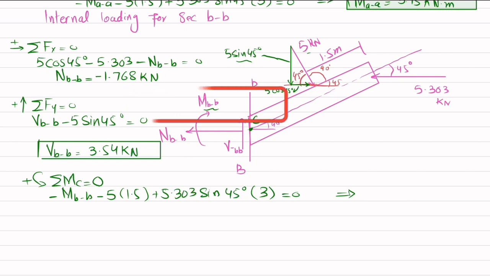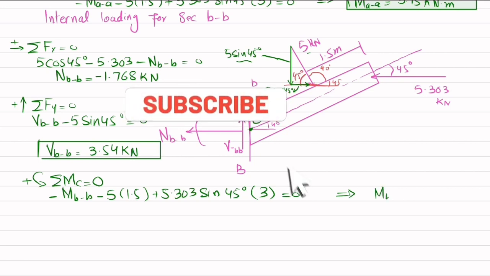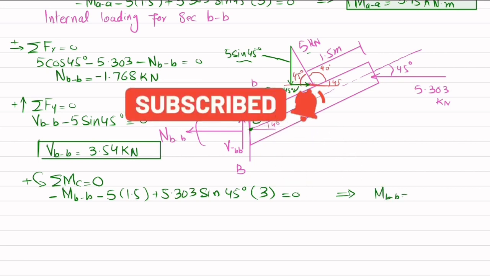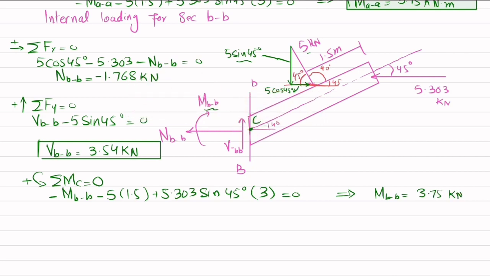When you calculate it, you will get MBB equal to 3.75 kilonewton into meter, which is the moment at section BB. So these NBB, VBB and MBB are the internal loading at section BB.